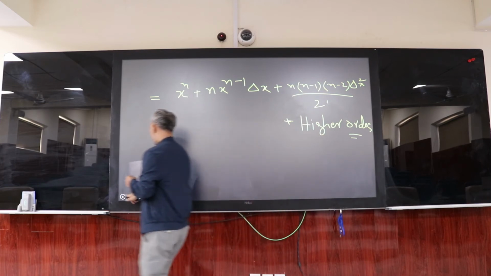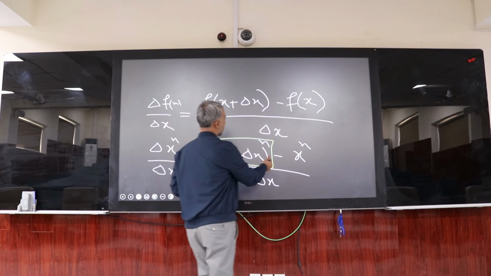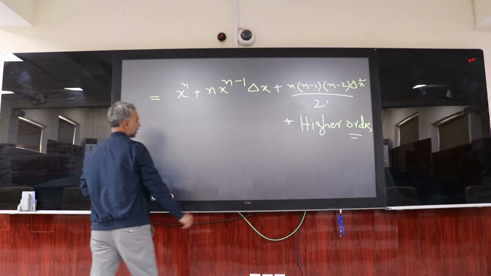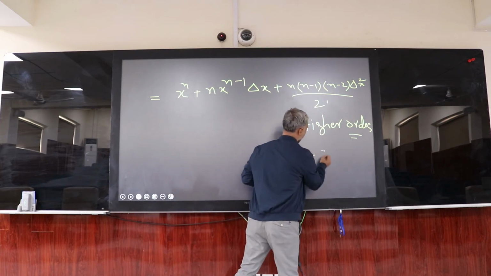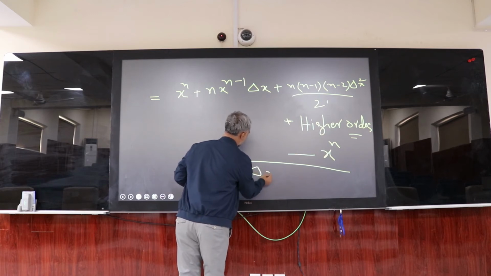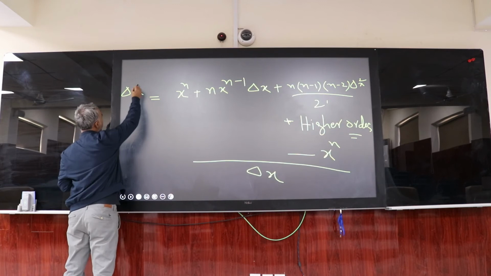And at the last we will have this one minus x to the power n, with delta x in the denominator as it is.